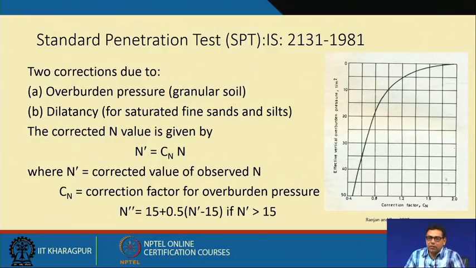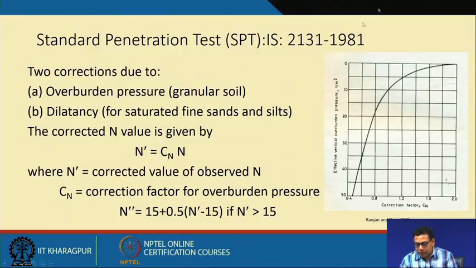Later on I will solve one example where I will discuss how to calculate the effective overburden pressure, because depending upon the position of the water table, the effective overburden pressure will change. Now if the effective overburden pressure decreases, and if the unit weight of the soil is constant, then definitely the depth decreases, that is why the effective overburden pressure decreases.